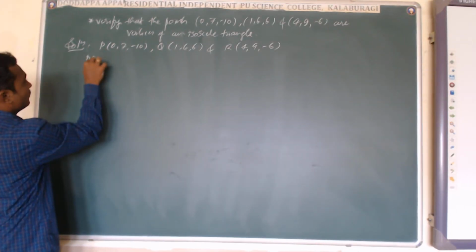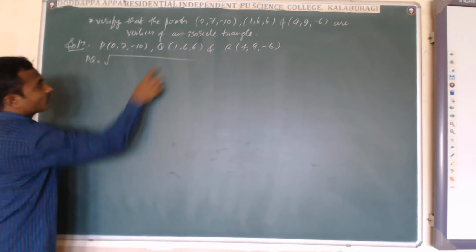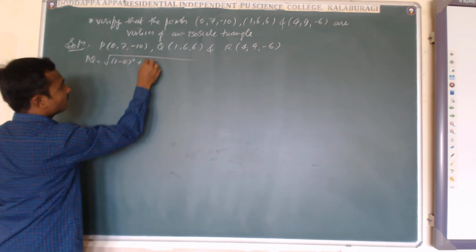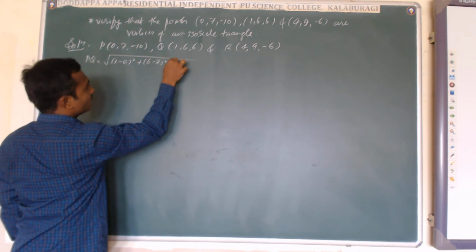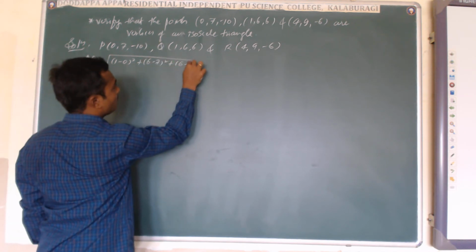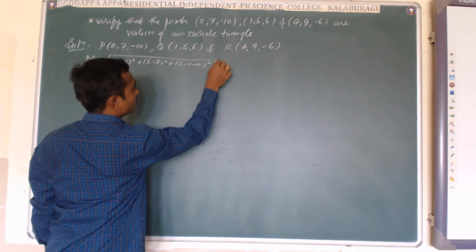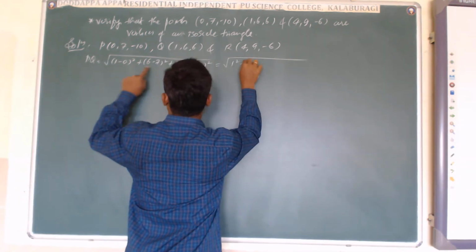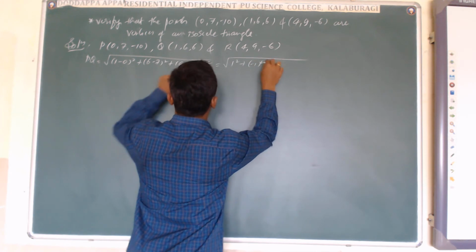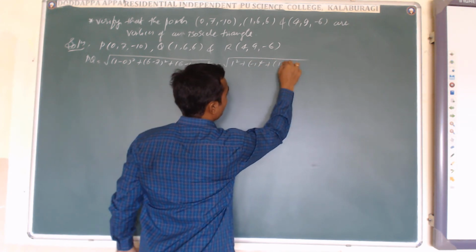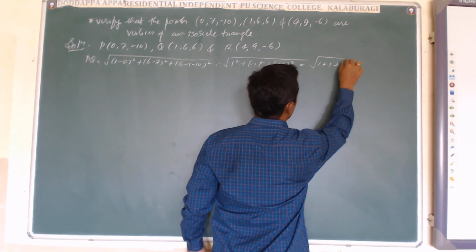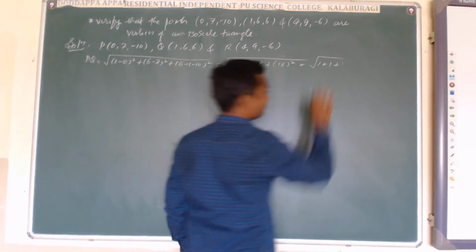PQ is the square root of (1 minus 0) whole square, (6 minus 7) whole square, plus (6 minus of -10) whole square. So that becomes 1 minus 0 is 1 square, 6 minus 7 is -1 whole square, and 6 plus 10 is 16 square. So you are going to get 1 plus 1 plus 16 square.